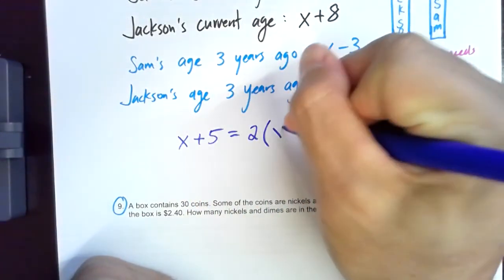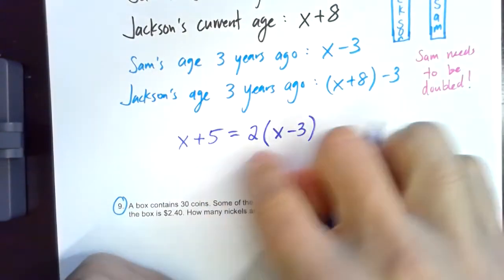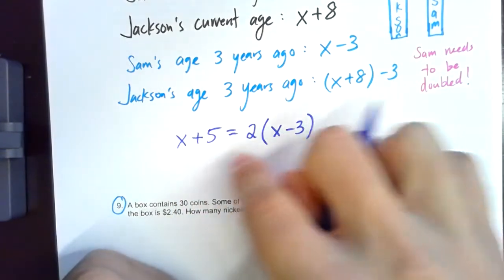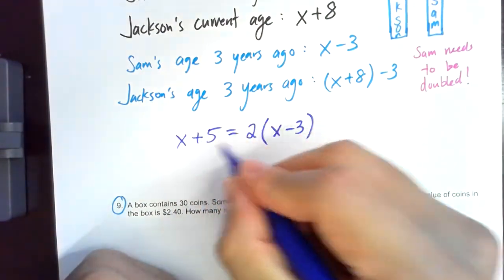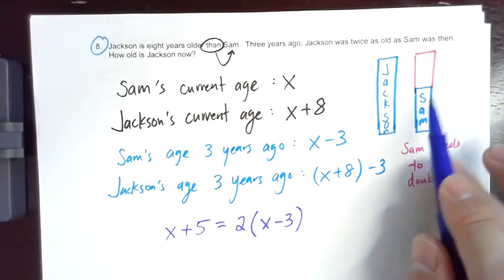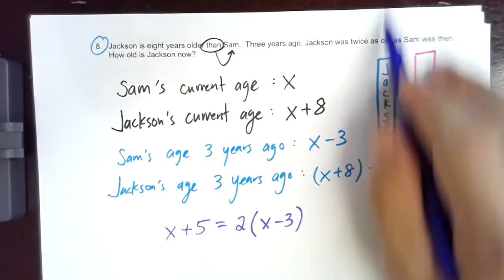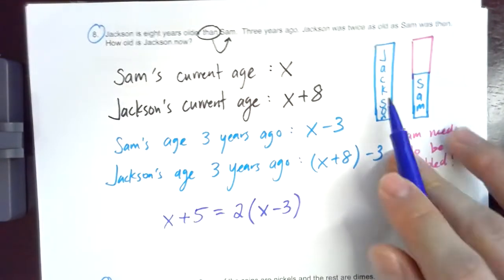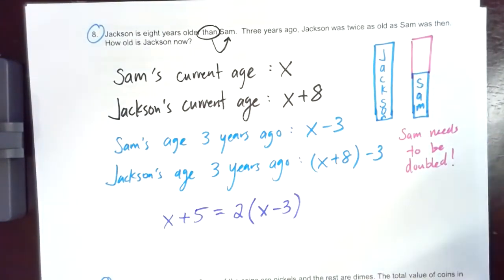3 years ago, that's what Jackson was. And then I'm going to double Sam. Because if I don't double Sam, I can't set them equal to each other, right? If you don't double Sam, you will not have an equation. If you double Jackson, that's like saying Jackson is 2 years older, and I'm going to double Jackson to make him like 4 years older, or 4 times older, I should say.